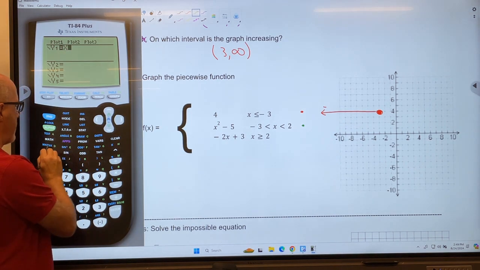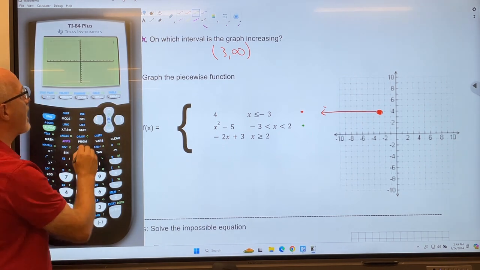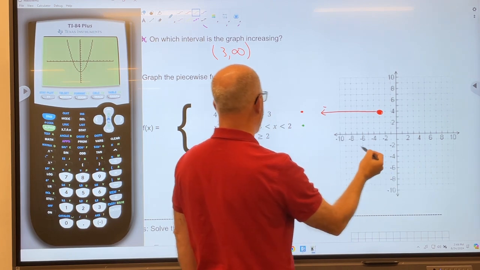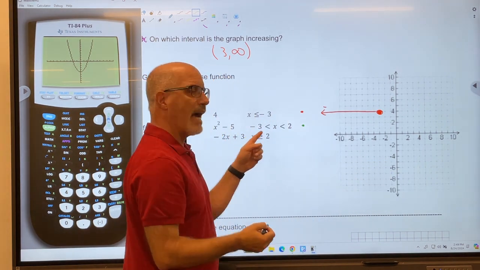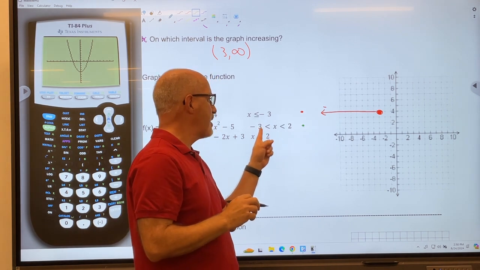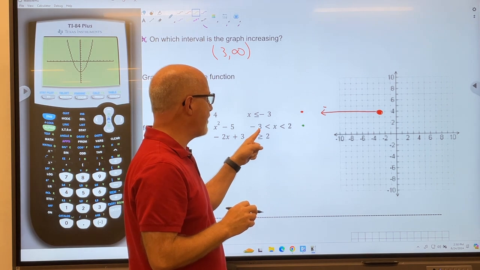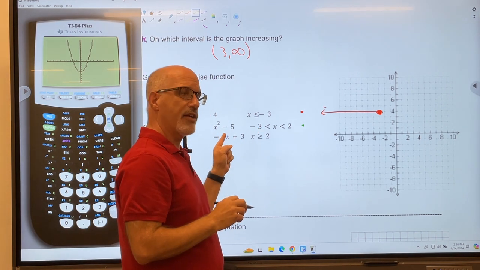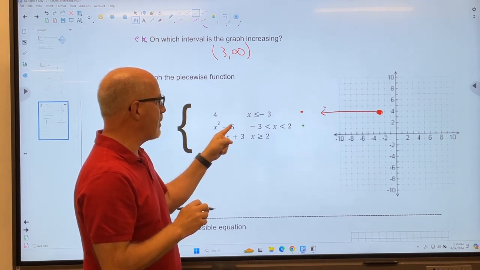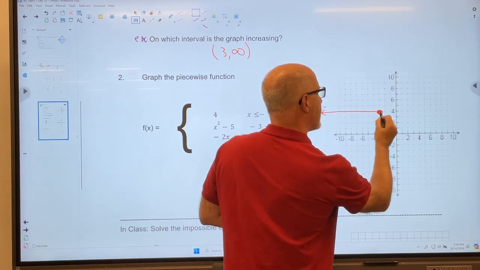If you look at the graph, it comes down to -5 here. For these middle parts with 2 points, I recommend you put in the -3 and see what that value is. -3 squared is equal to 9. 9 minus 5 is equal to 4. So -3 comes up here to 4.